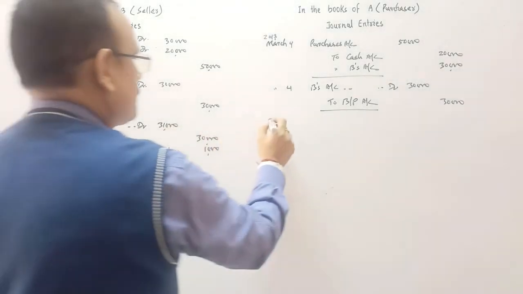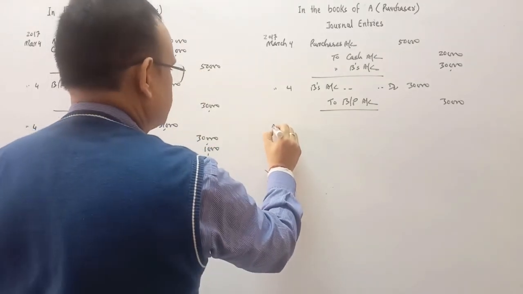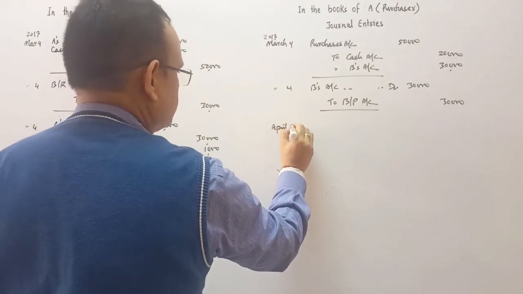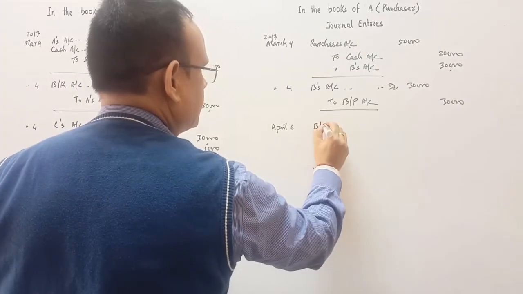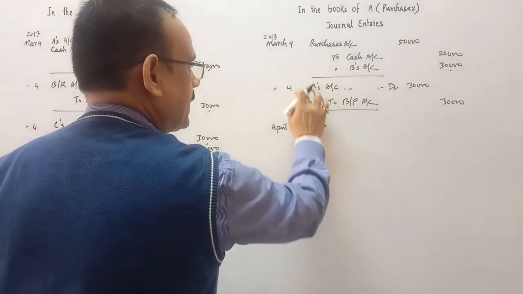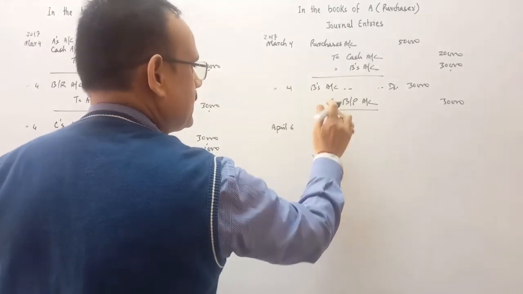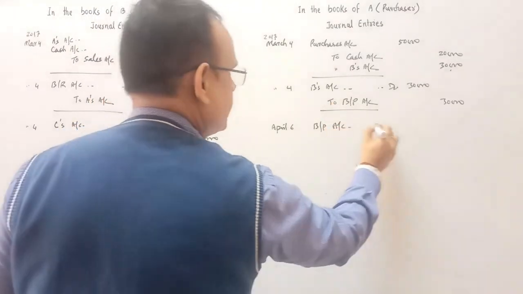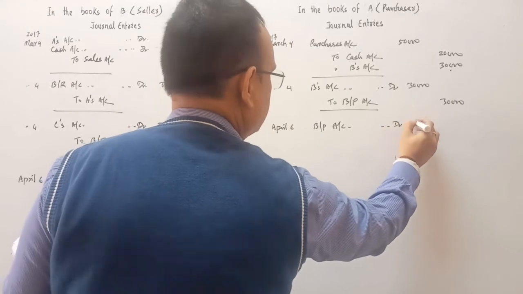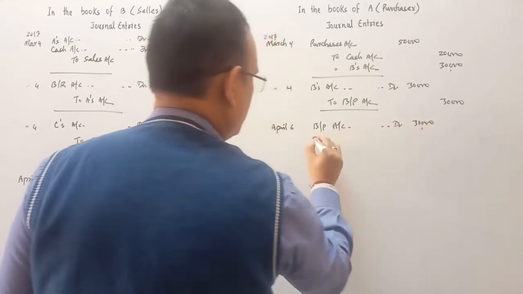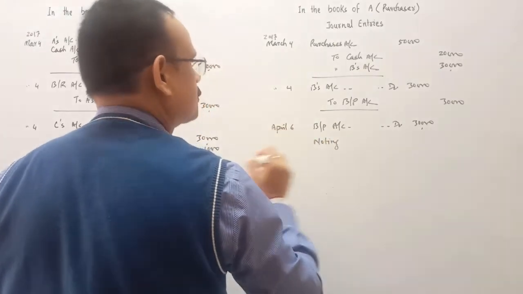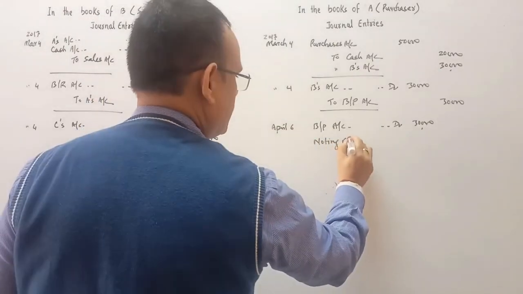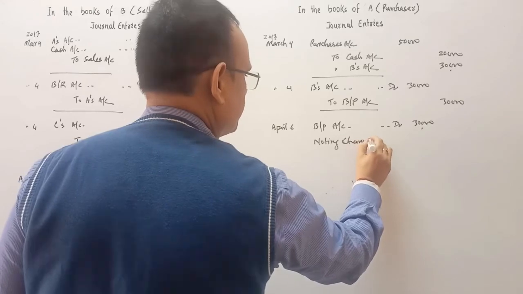Now he will do the entry for dishonor of the bill on April 6. He will pass the entry for dishonor, so this entry will be cancelled, so bills payable, which was credited earlier, will be debited 30,000. Noting charges will be debited because the bill is dishonored because of the drawee, so noting charges account debit, it's an expense of the drawee.